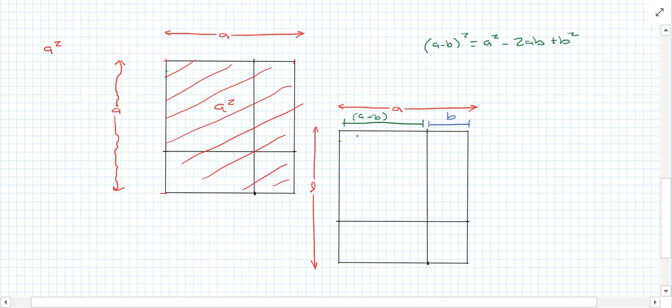Then from here to here is also a minus b, and from here to here is also the length b.